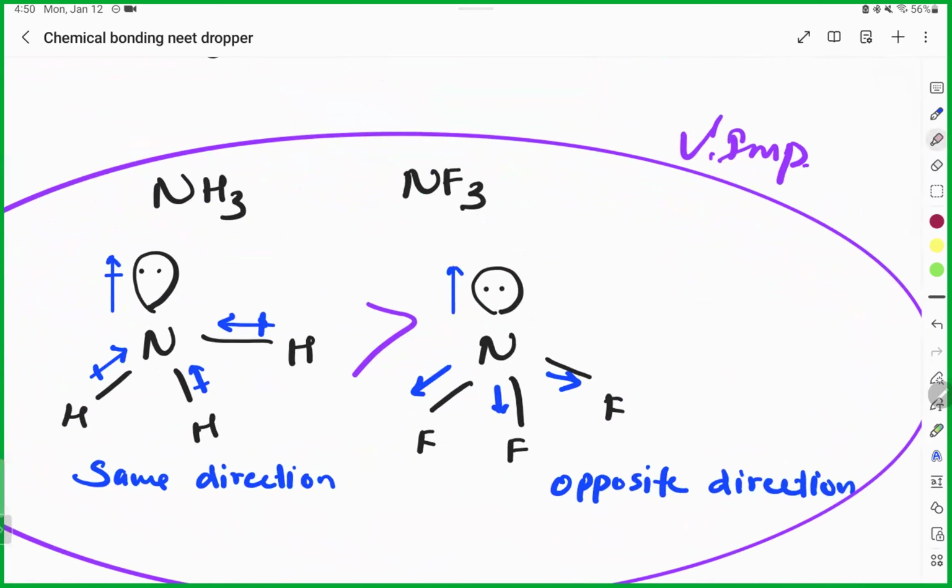If you see logically, in case of NF3 and NH3, the dipole moment of NF3 should be more. Anvita, makes sense? Because fluorine is more electronegative compared to hydrogen. If you compare electronegativity, any doubt?